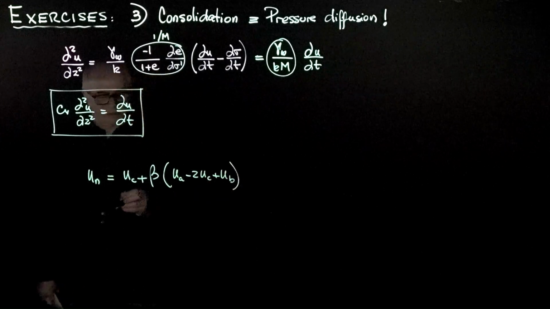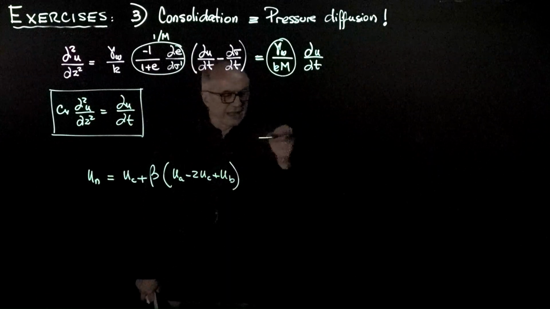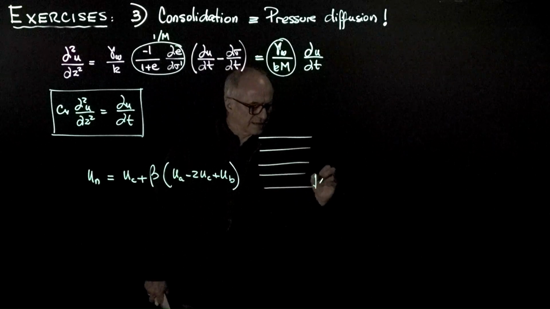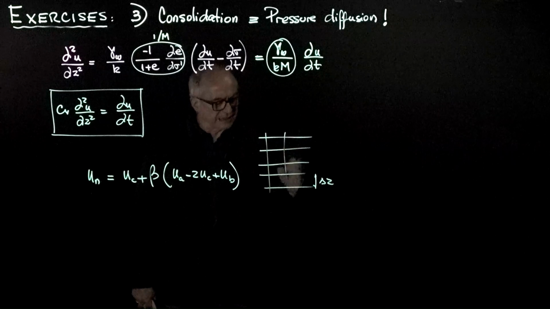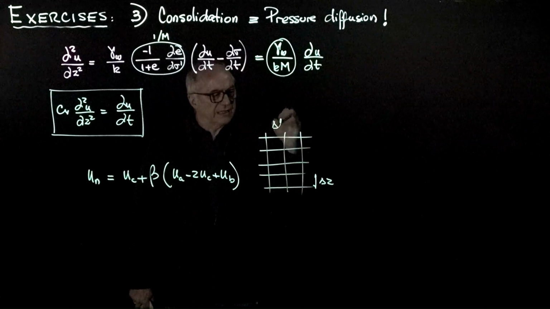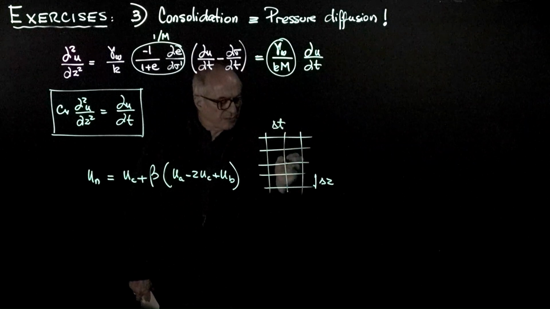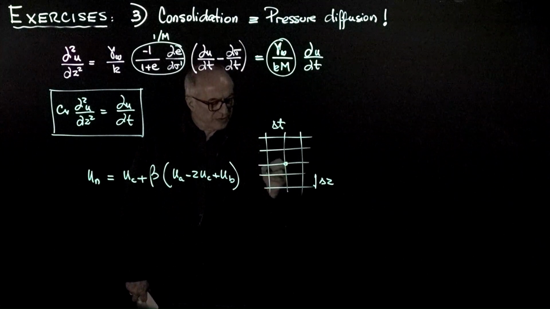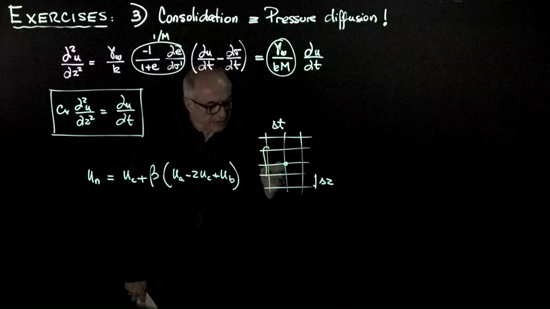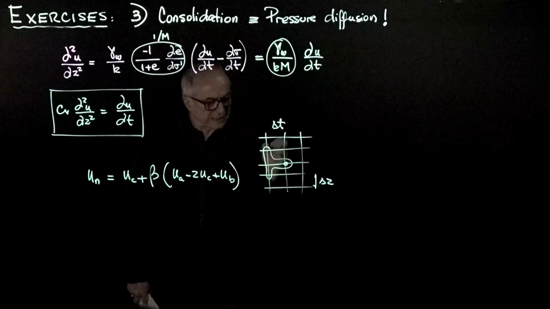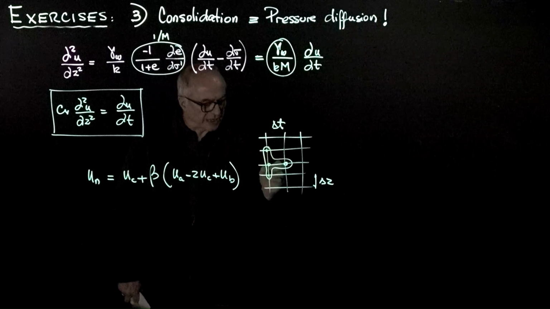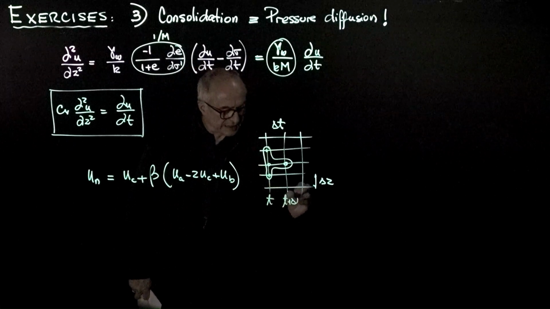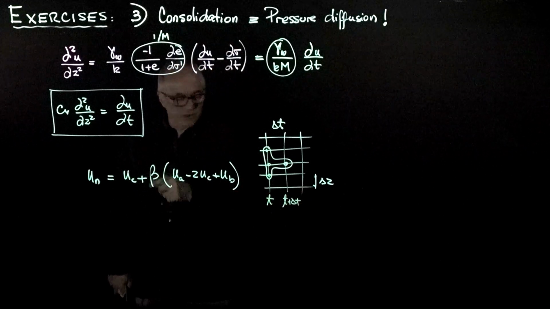Let me explain what that is. If we have a grid, and we are solving this in a grid with the delta z spacing and in time with the delta t spacing, the pore pressure at the next instant at a given point will be related to the pore pressure in the neighboring points and the point itself at the previous time. So this is at time t, and this is at time t plus delta t, according to this equation.